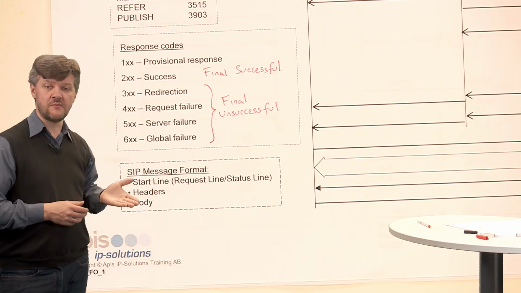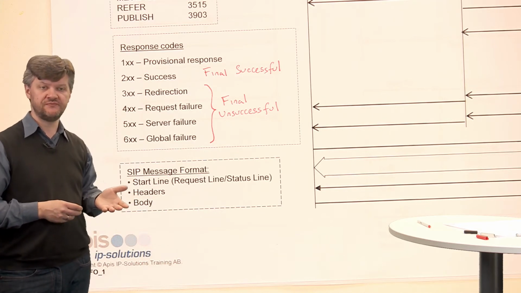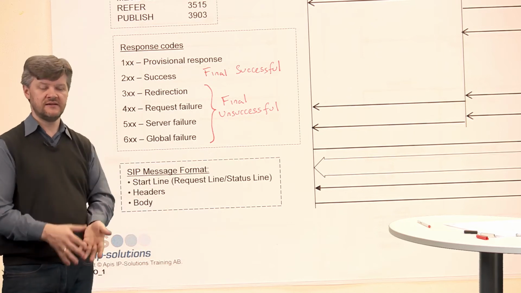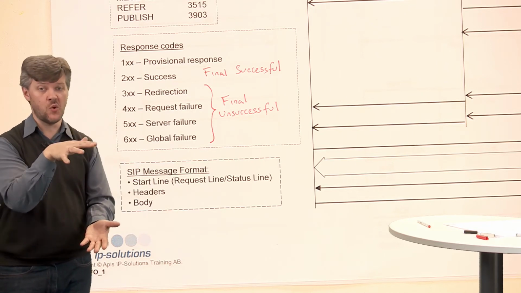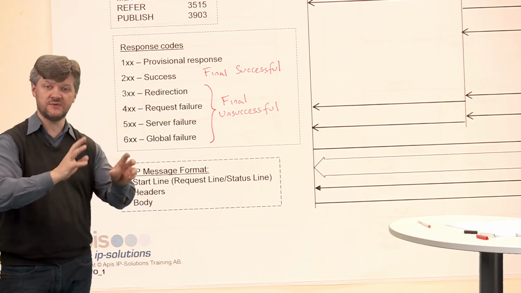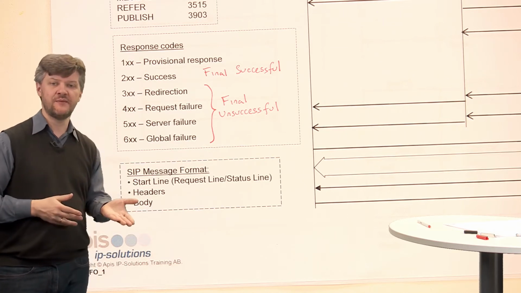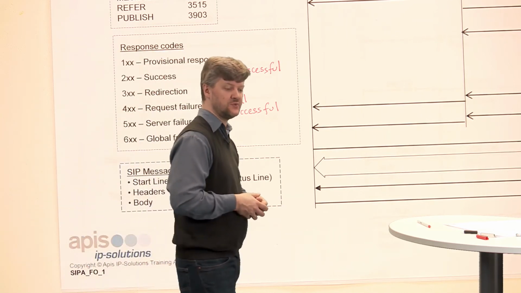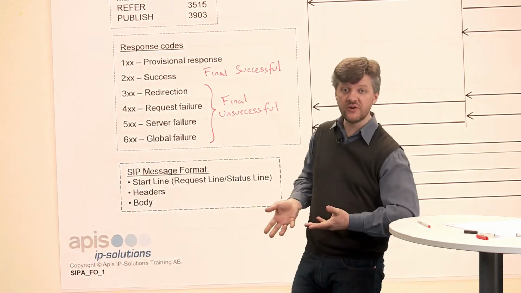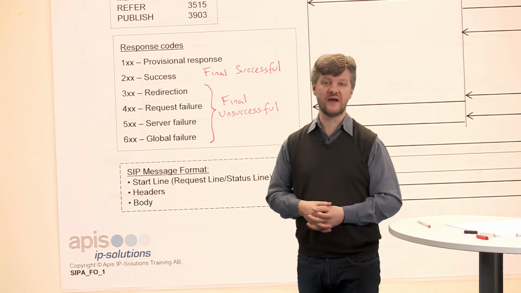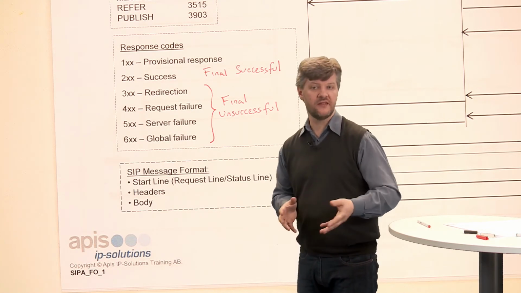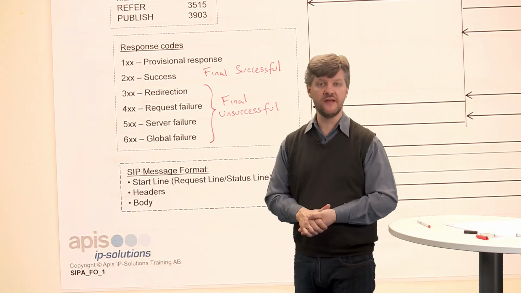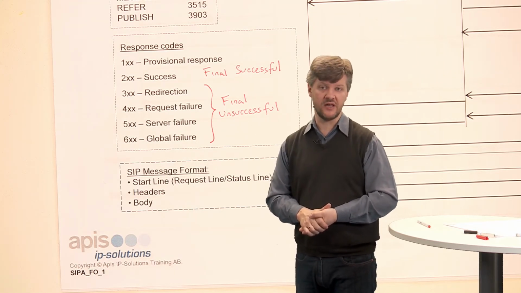Then we have a number of SIP headers. Some of them are just stolen from emails, like To and From and things like that. You can have any number of them in any order. In fact, it's all text-based, so it's human readable. And then the body, and body means attachment, payload. That's where I would put the JPEG if I want to attach a JPEG picture to my SIP message, or the more likely attachment, the SDP, Session Description Protocol, that I mentioned earlier.